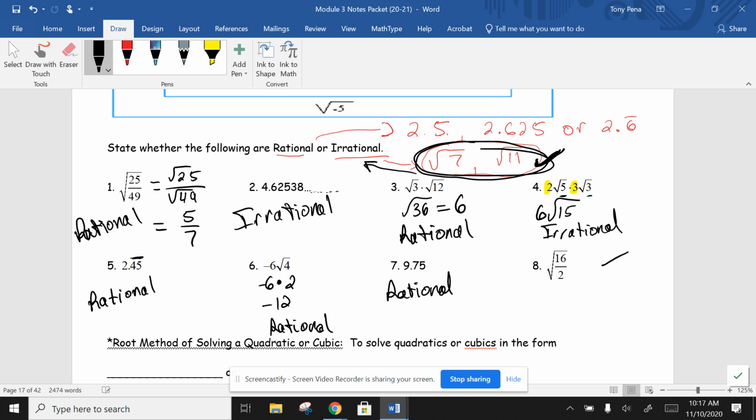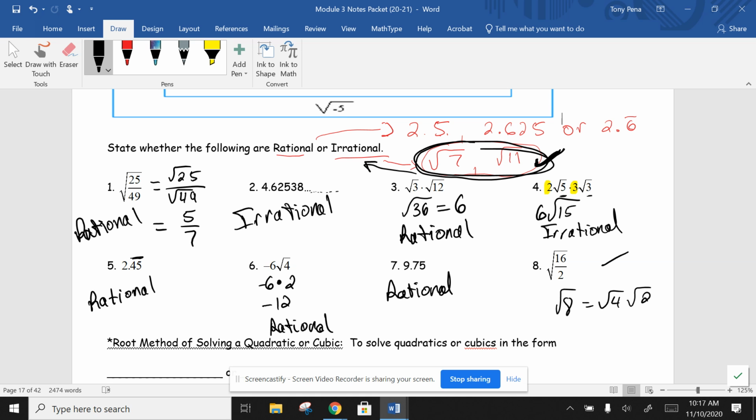Okay. And then number 8, we can go ahead and divide 16 and 2 to get an 8, but then it's the square root of 8. What do we think about the root 8 there? Okay, so this one we can break down with a 4 and a 2, so a root 4 times a root 2.